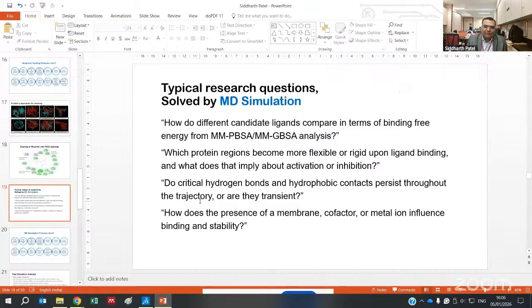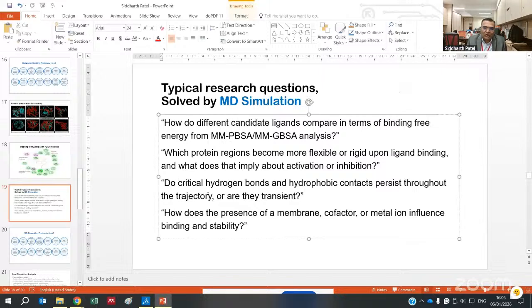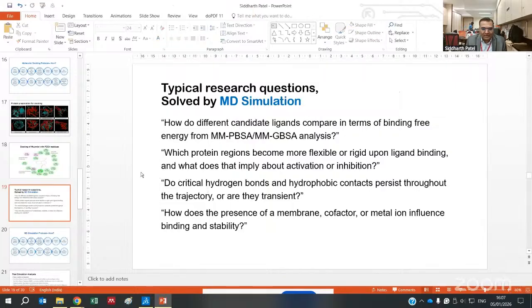So which kind of interaction is persisting, whether hydrogen bonds, hydrophobic effect, or ionic bonds, which kind of interaction is more. That kind of study can also be done.